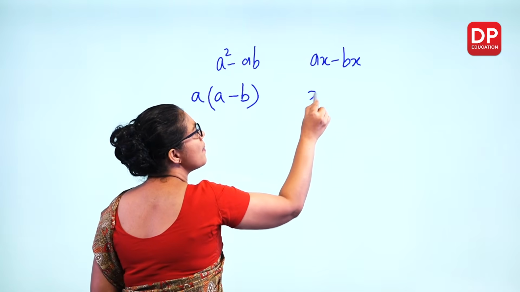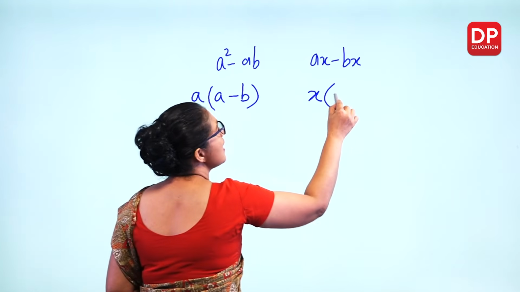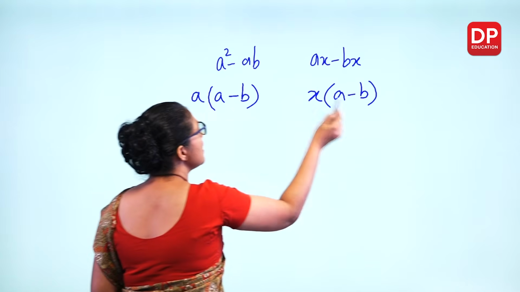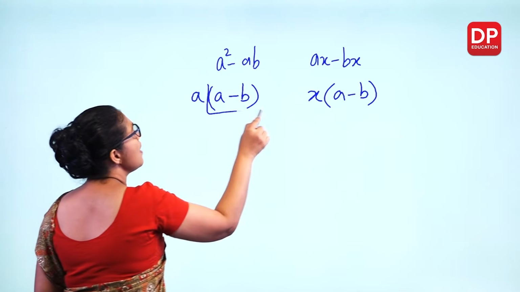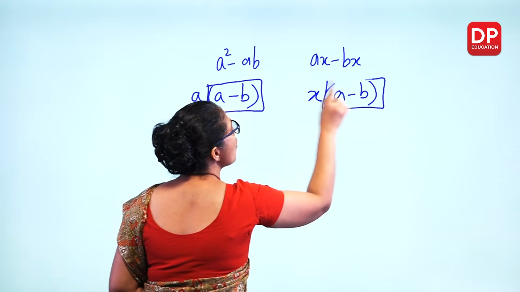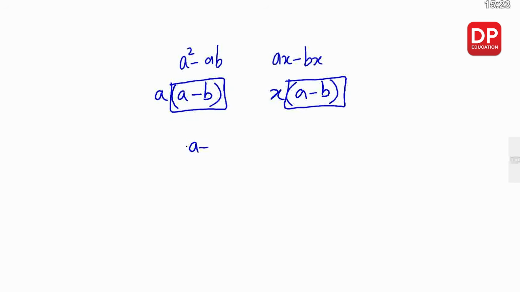Here x is common. I can take x out. What's remaining? A minus b. Now look at carefully these two expressions. A minus b is common to both of these expressions. So a minus b is the greatest common factor.